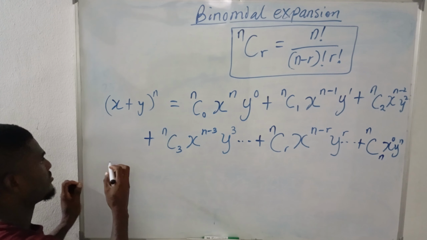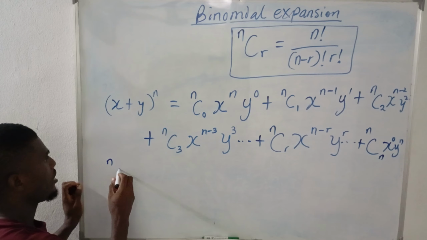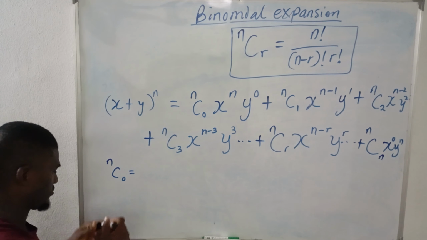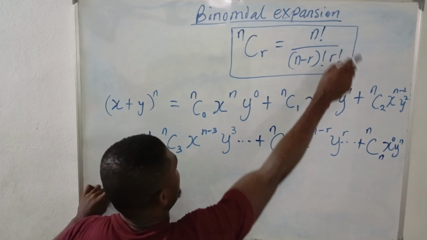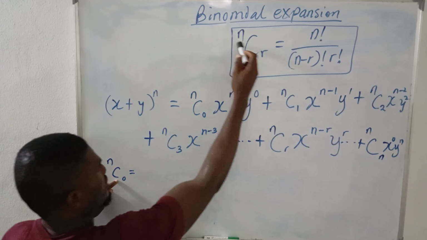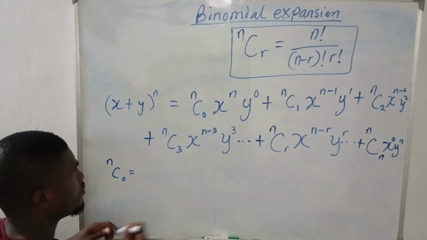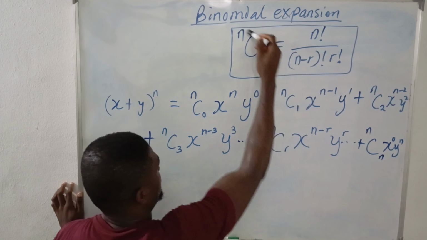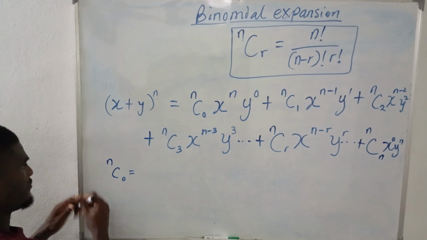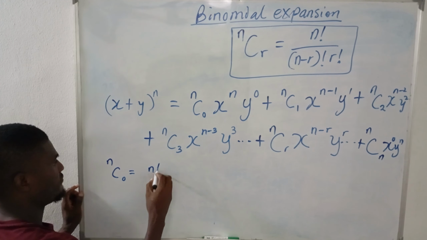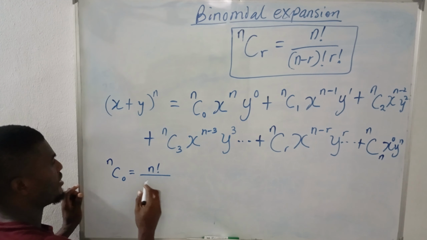Alright, so let's start by saying what's n combination 0. Using the formula here, n combination r would be equal to n factorial over n minus r factorial, then r factorial.